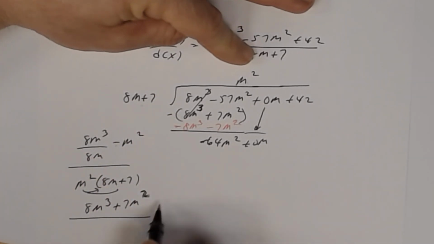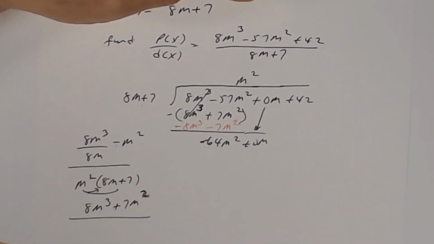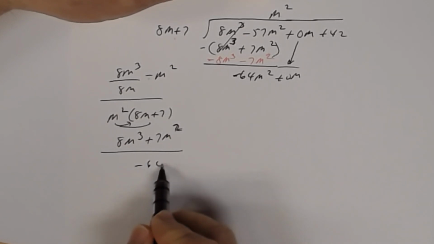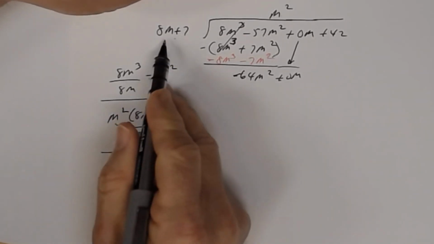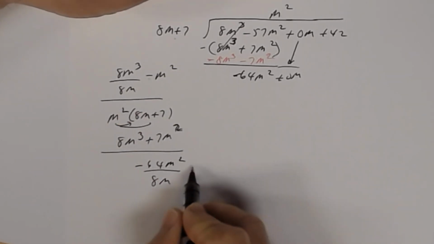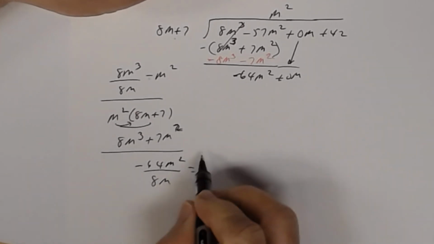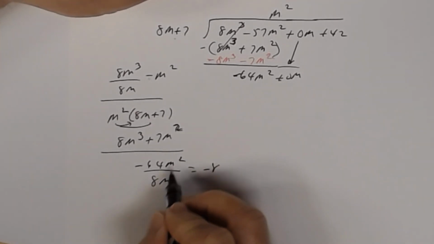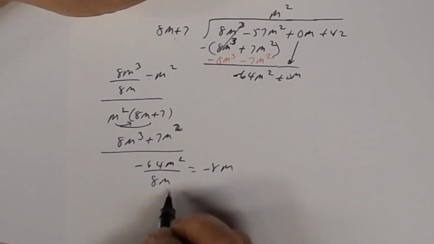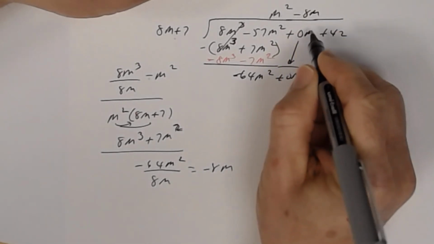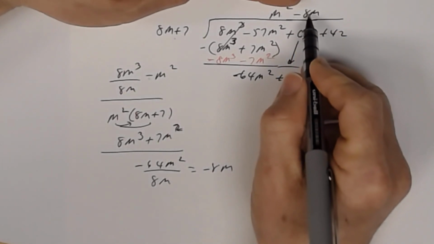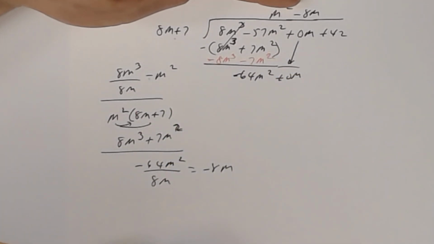Now I have negative 64m squared being divided by 8m. Negative 64 divided by 8 is negative 8. m squared divided by m is m. So that goes here, minus 8m. Then you multiply what you just put here, that term, times your divisor.